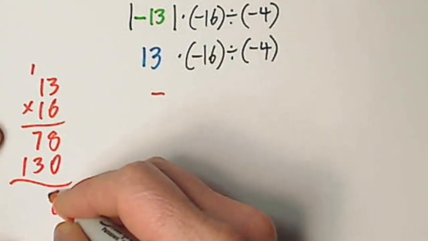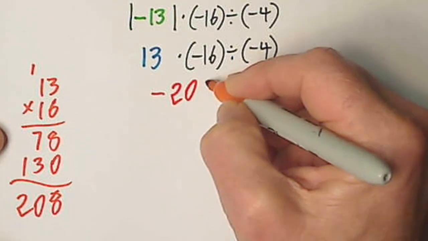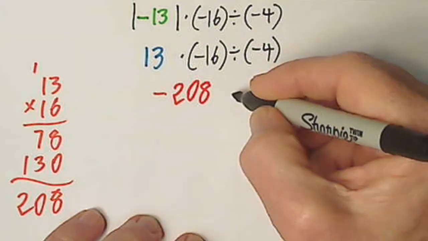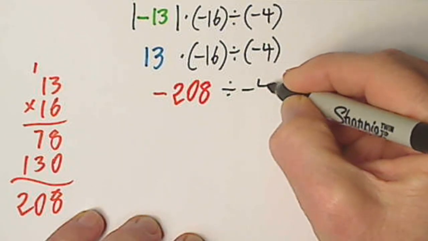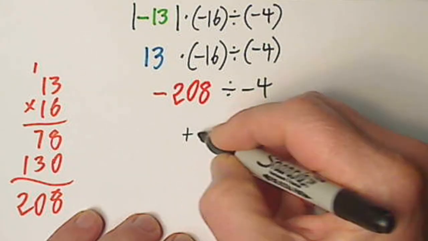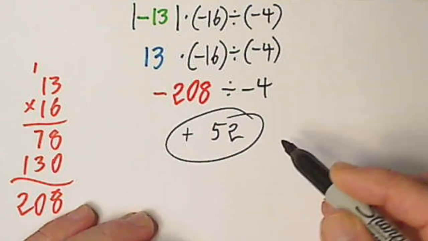And what do we have? 8, 0. 208. So I simply put the negative 208 right there. Then I bring down whatever hasn't been used, divided by negative 4. I don't really need the parentheses. Negative divided by a negative is going to be a positive 52. So that would be the solution to that one.